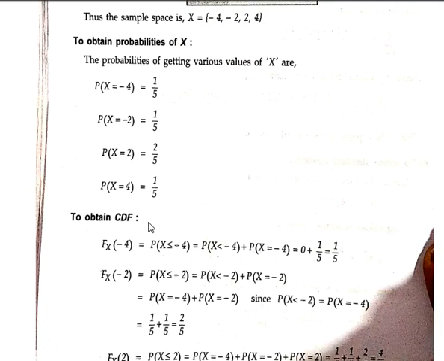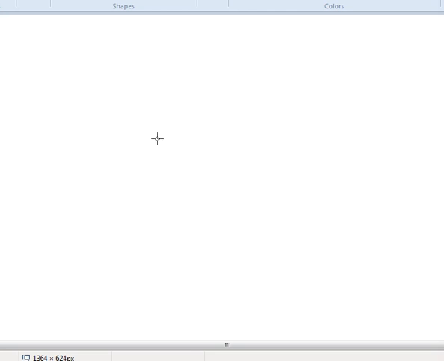Then one can plot how this PDF function would be. We can take a horizontal axis and draw this for different values, with X equal to 0 here, and -4, -2, 2 and 4.